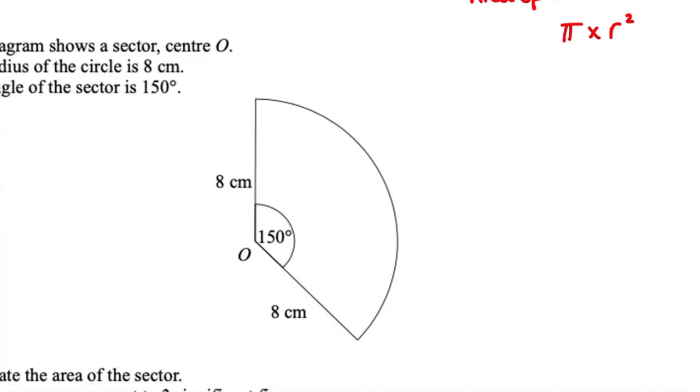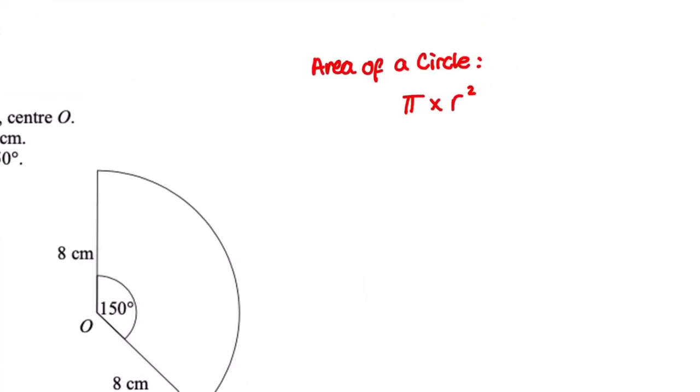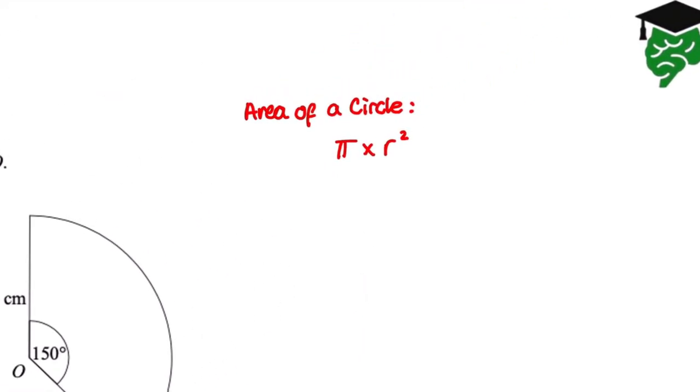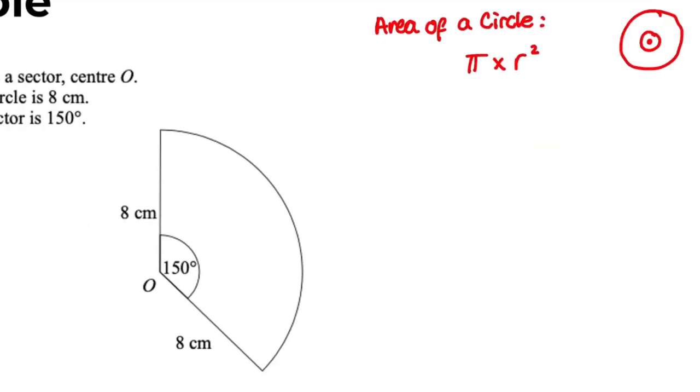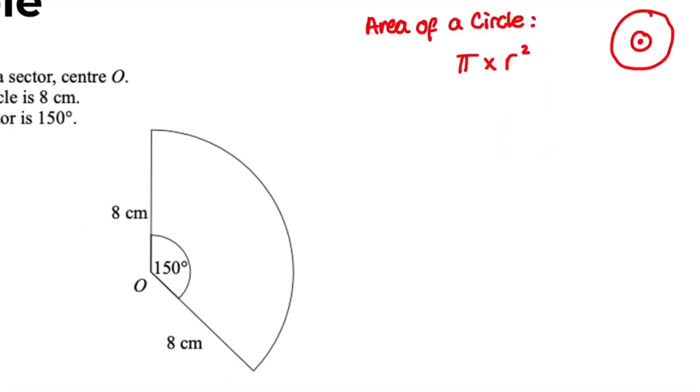We just have a part of the circle. Let's say you had a full circle, the angle around the center adds up to 360. A sector is just a part of a circle. So this is a sector. If you take out a pizza slice, that's a sector because it's part of a circle.